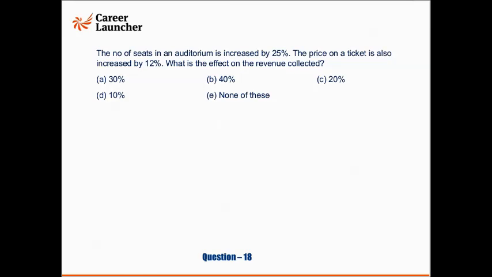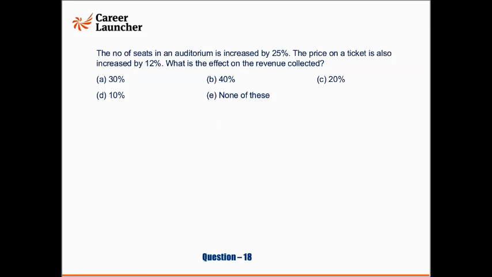Now see, next question. Number of seats in an auditorium is increased by 25%. Okay. The price of a ticket is also increased by 12%. What is the effect on the revenue collected? See, now revenue is what? Revenue is number of seats multiplied by price, right?